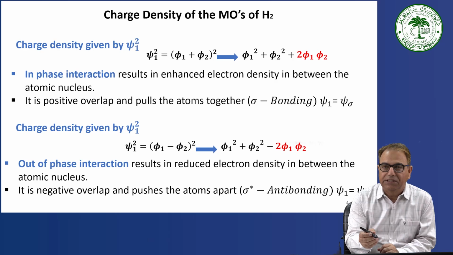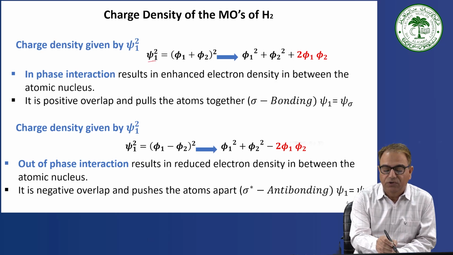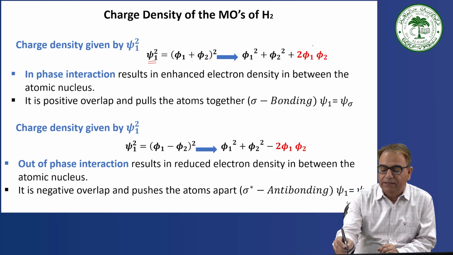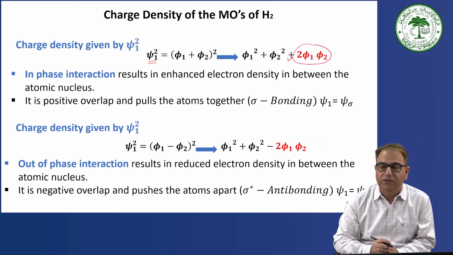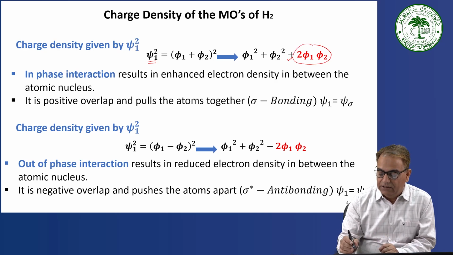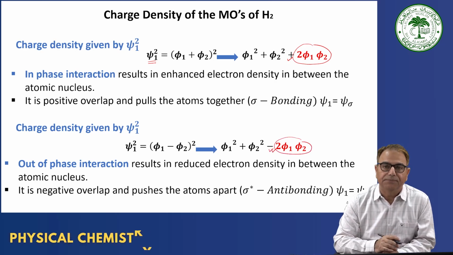If you square this function, you get an additional term of 2 phi 1 phi 2 with a positive sign. So electron density increases in constructive, in-phase interaction. On out-of-phase interaction, you get the same amount, 2 phi 1 phi 2, but with a negative sign, so the electron density decreases.